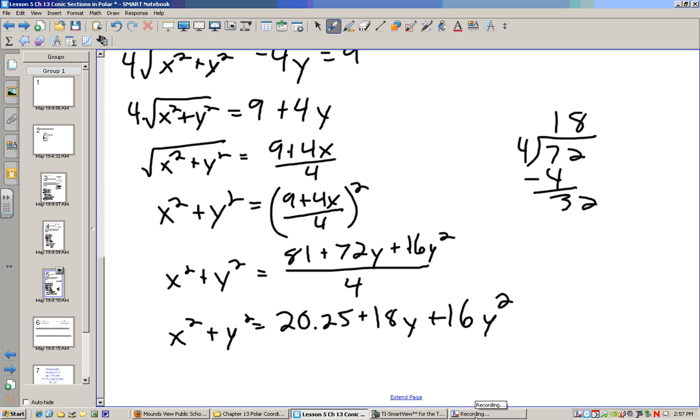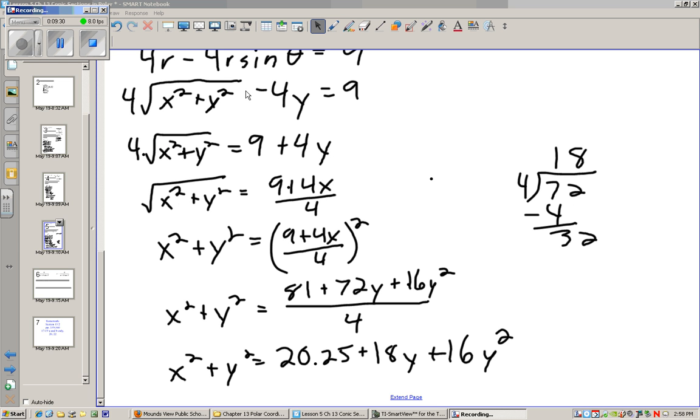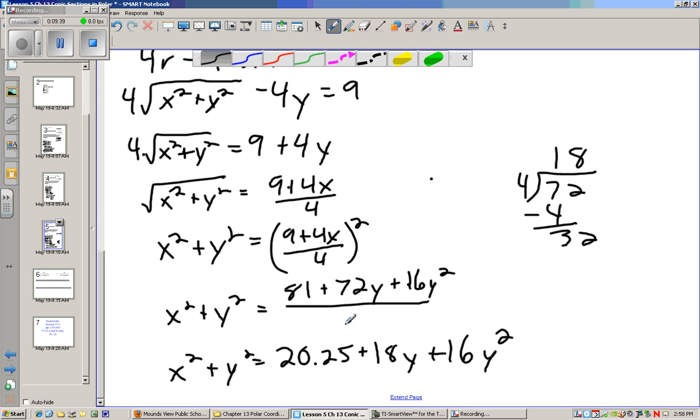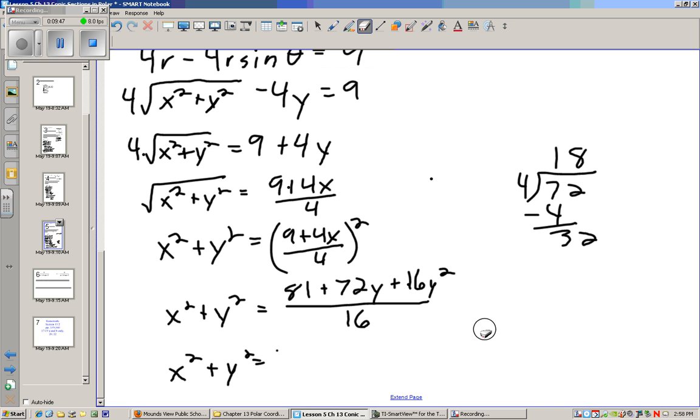Now, I just noticed a mistake that I made, and hopefully you guys caught this. This 4 had to be squared to get 16, and so that changes these values down here. I apologize for that. You're probably wondering what I was doing.